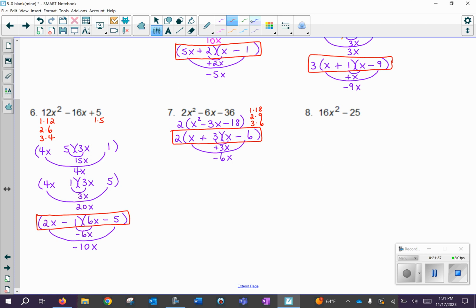When you see 2 terms, I want you to ask yourself, is this something called difference of perfect squares? So first of all, difference, right in the name. Difference means subtraction.